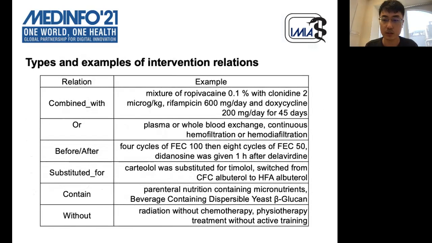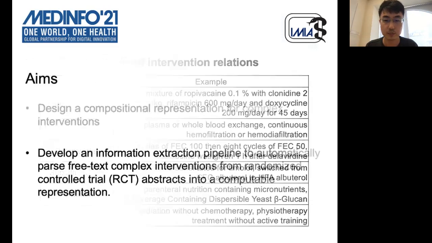The red column shows corresponding examples. The first 2 relations, combined with and or, are non-directional relations, and the other 4 are directional relations. The before and after relations are integrated by reversing the directions between the intervention components.